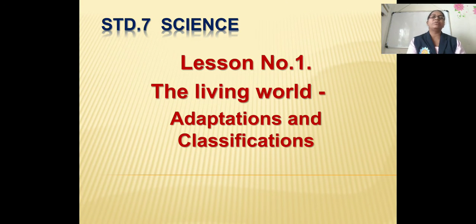Today we are going to study the first lesson of Standard 7 Science, that is the living world: adaptation and classification. In that lesson there are two parts included. First one is adaptation and second one is the classification. A great variety of plants is found on the earth.